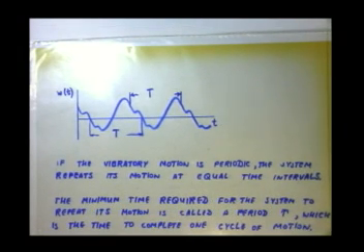Okay? Then if the vibratory motion is periodic, the system repeats its motion at equal time intervals. So it's very simple. That is what happens. At equal time intervals, the system comes back to the same situation.